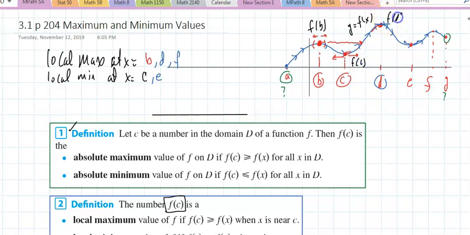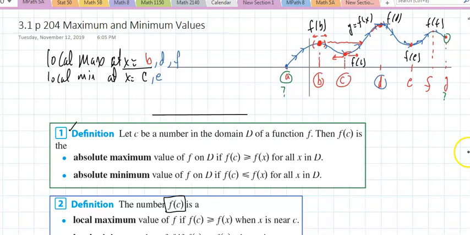F of d is the local maximum. And f of e is the local minimum. F of f is the local maximum. So, I said here local maximum at x equal b. But what is the maximum? It's the y value always. Whether the y is height, whether the y is weight, whatever it is.